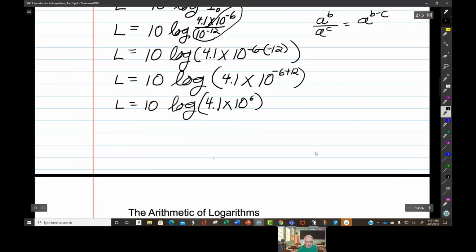So L equals 66, and then there's a 0.1 and a bunch of decimals, but this 1 will not cause the 6 to round up to a 7. So L equals 66 decibels. And you can look that up on the internet and find out whether it's dangerous or not.